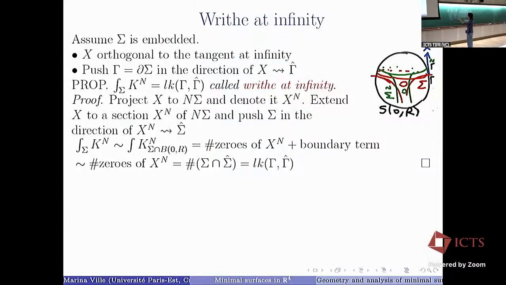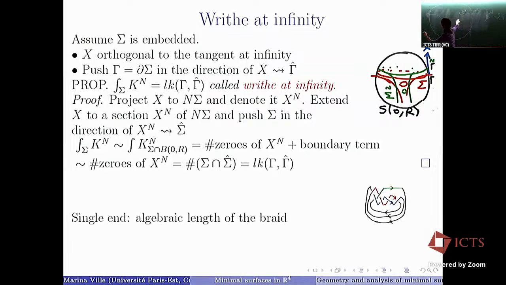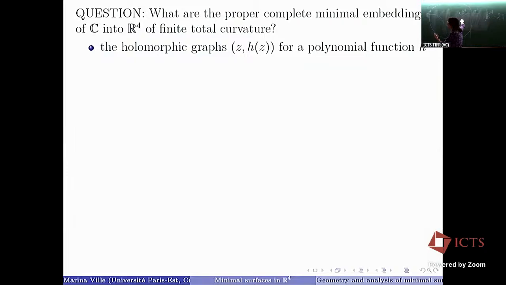And since I now have this vector field, it's equal to the number of zeros of this vector field plus a boundary term.